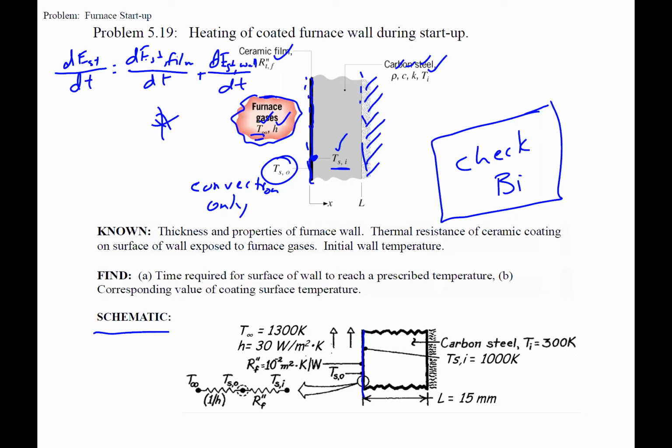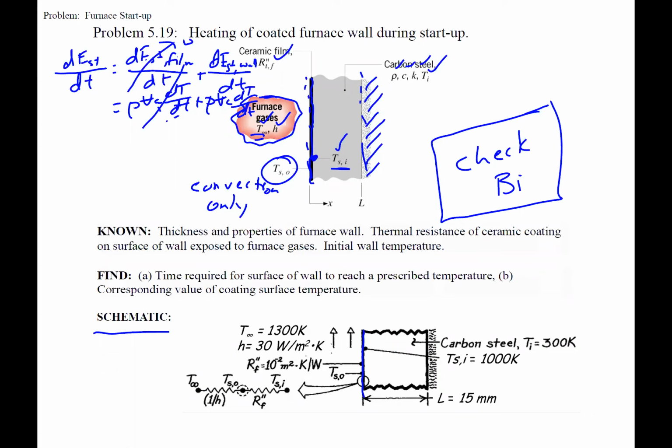We're neglecting the film part, which would have been rho V c dT/dt of the film. We're just going to have rho V c dT/dt of the wall.